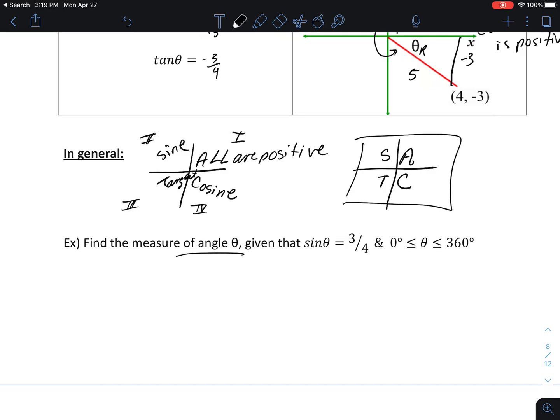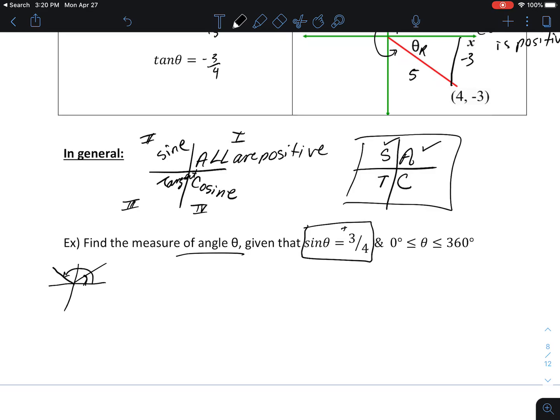Okay, so now what we're going to do is use this to help us determine an angle measure. So sine of theta is 3/4. What I want to do is decide which two quadrants that angle could be in. If sine is positive 3/4, either I'm here or I'm in quadrant 2.